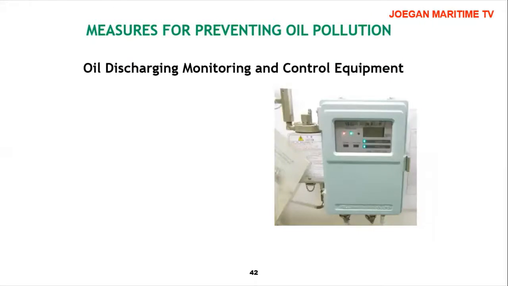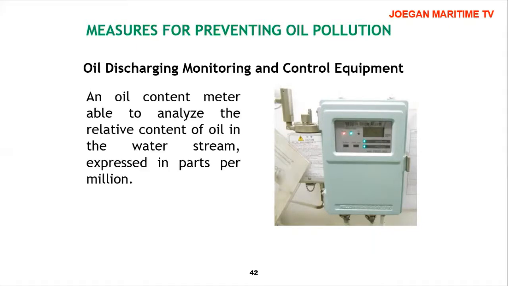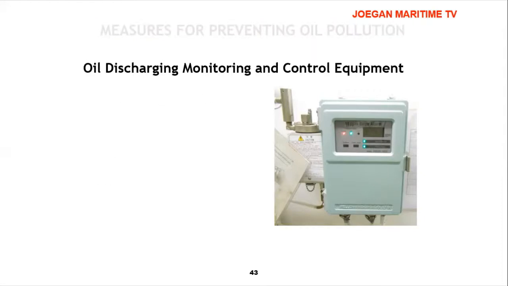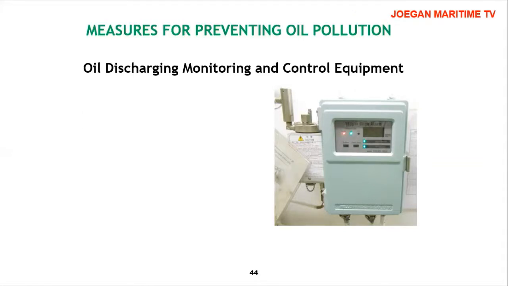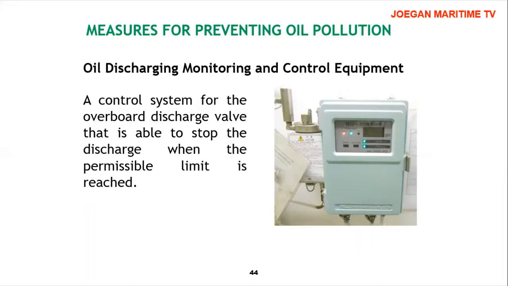All discharge monitoring and control equipment, especially the alarm system. A control system for the overboard valve that is able to stop the discharge when the permissible limit is reached.